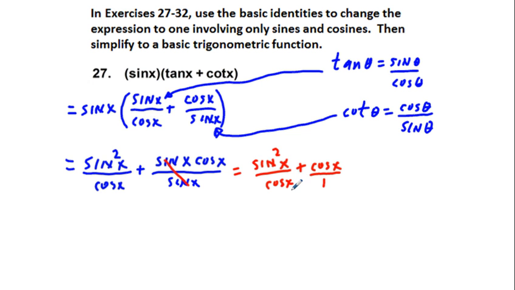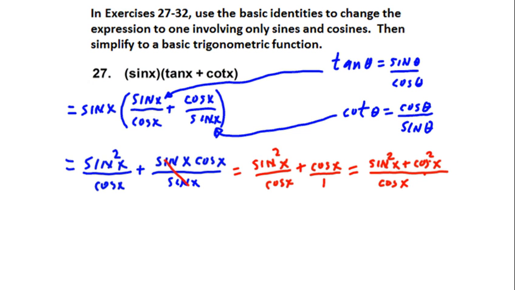And so if we multiply through by cosine x, we have 1 times sine squared x is sine squared x up here, and cosine x times cosine x is plus cosine squared x.